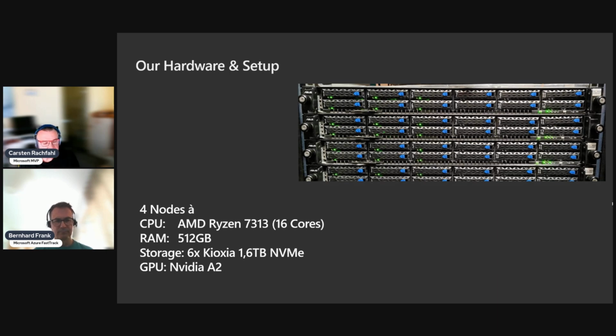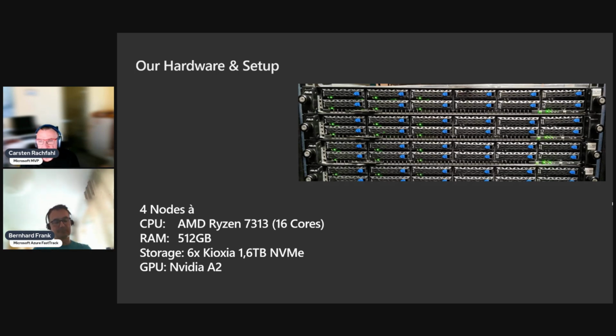They are AMD based, so it's not an Intel based setup. Every node has a 16 core AMD Ryzen 7313. They have 0.5 terabyte of RAM and 6 smaller NVMe's. This is a demo setup, but we have plenty of space.